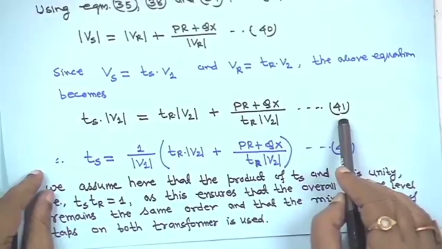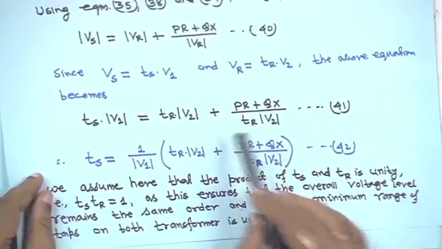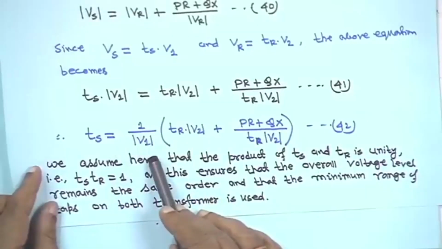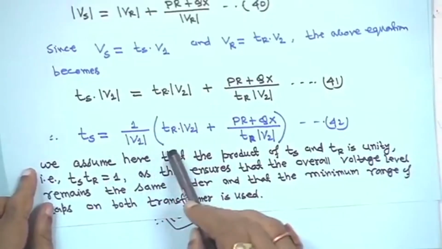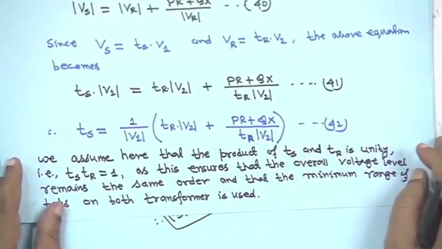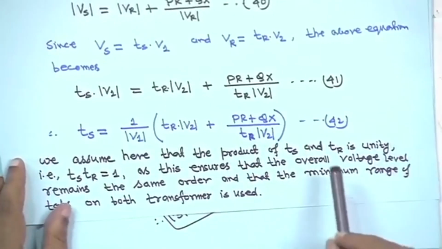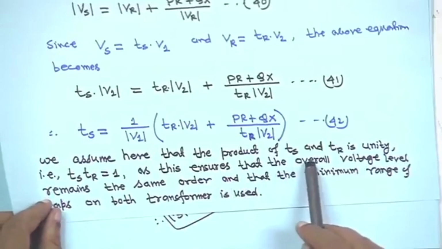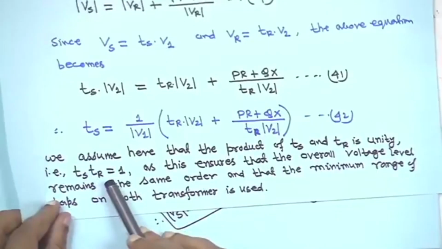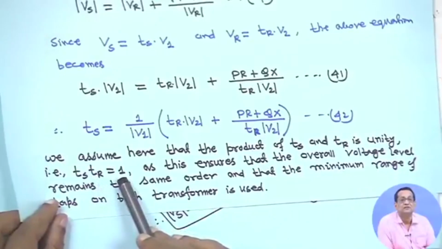This is equation 41. Now, from this equation you can write Ts is equal to 1 upon magnitude V1 into bracket TR magnitude V2 plus this term. Now, we will assume one thing, we assume here that the product of Ts and TR is unity, that is Ts into TR is equal to 1.